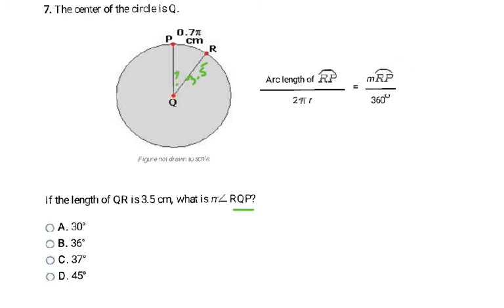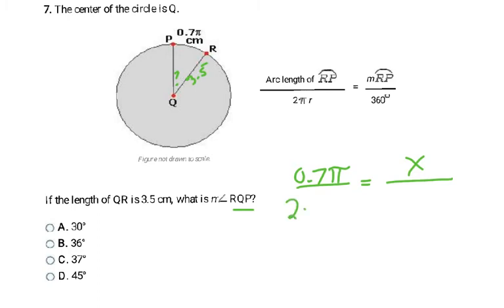So that's where I'm going to put my x in my equation, because that's what I'm solving for here. The problem tells us on the circle that the arc length is 0.7 pi. So I'm going to substitute that in for my arc length of arc RP in the top of the first fraction.